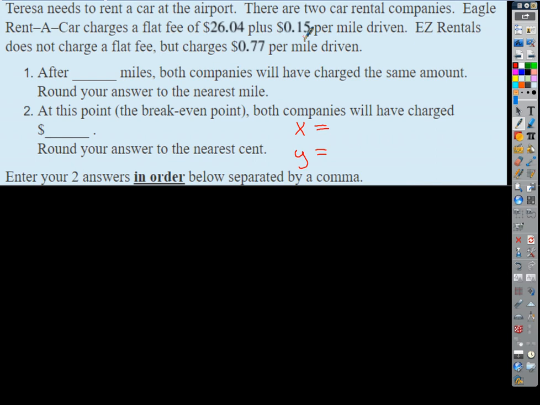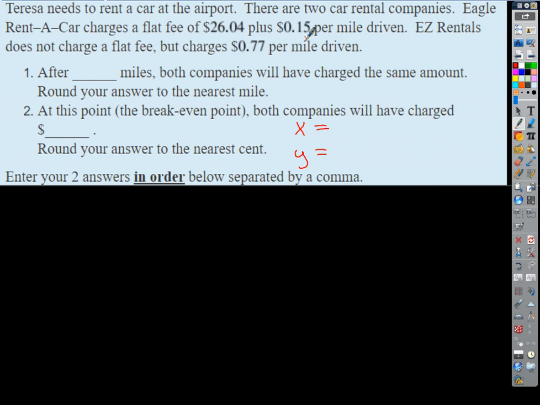So we've got two different situations. Let's just take the first situation, the Eagle Rent-A-Car, right? Is the flat fee that a customer pays ever going to change? So that's a constant, right? Is the amount he's paying per mile going to change for that company? Are you sure?